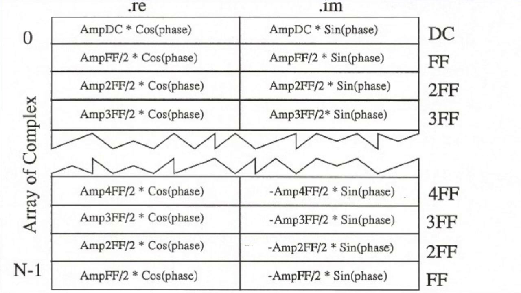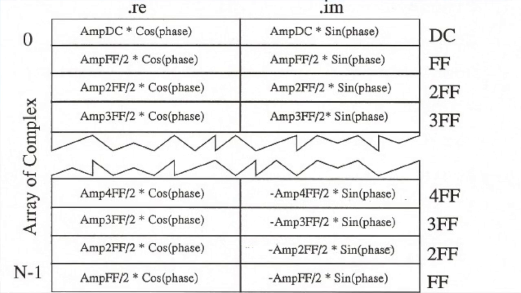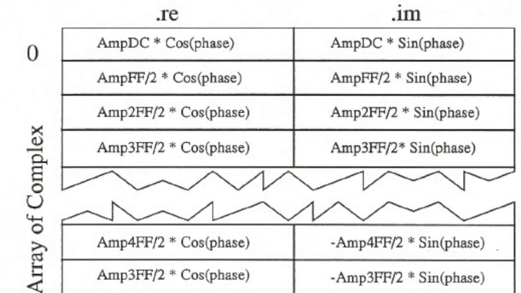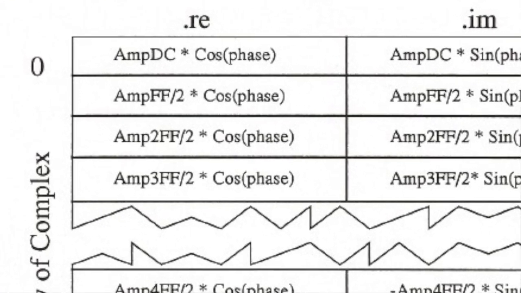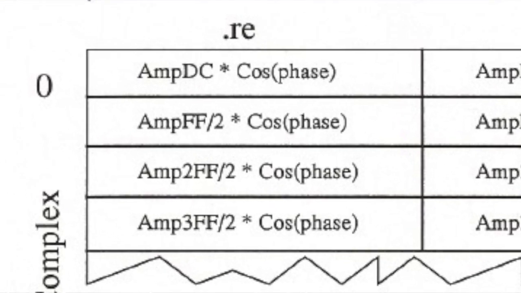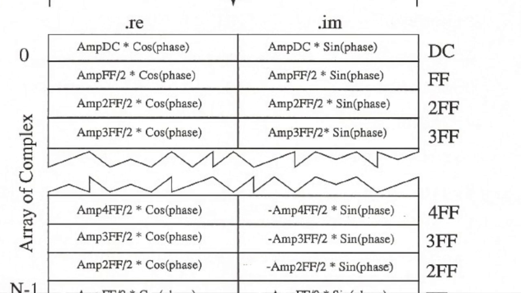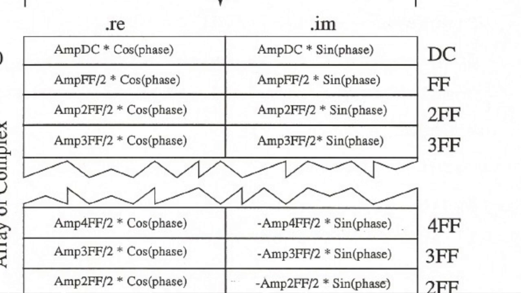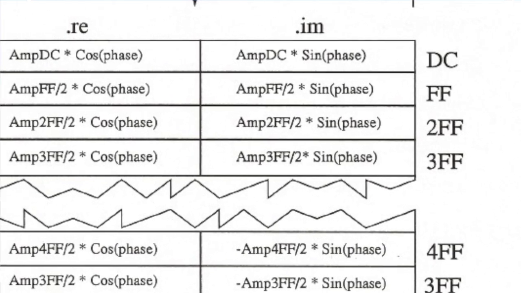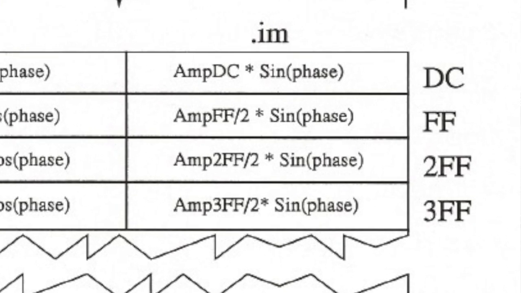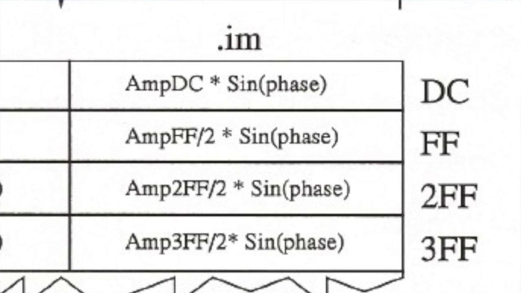The array has to be 0 through N minus 1. It's an array of complex. In the real, you have the amplitude of DC at element 0 times the cosine of the phase, whatever phase that is. And then for the imaginary, you have the amplitude of the DC times the sine of the phase. Now the phase for DC could be anything, but it won't make any difference.